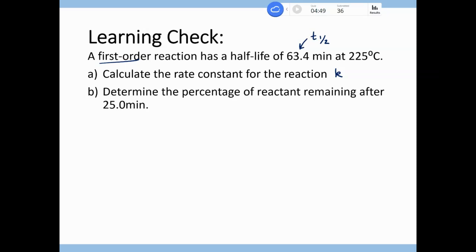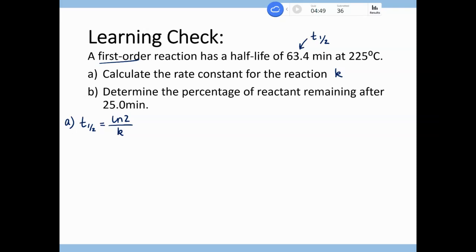Okay, let's go through A and then we'll get to B. So A, we're calculating the rate constant. We have the half-life, and we have the information that it's a first order reaction. So we use the half-life equation for the first order reaction: t 1/2 is equal to natural log of 2 divided by k.